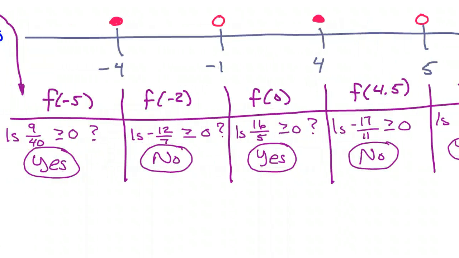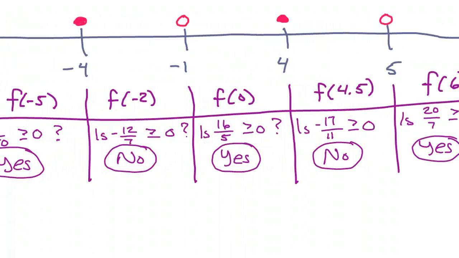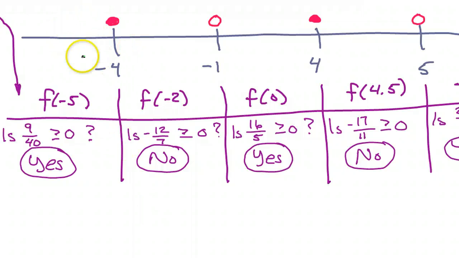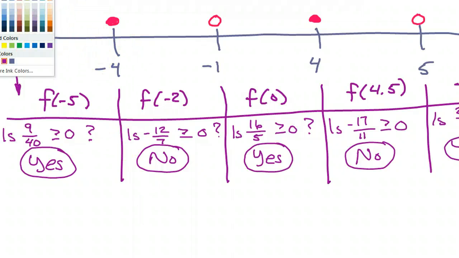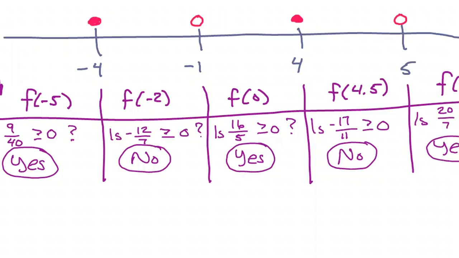The yeses show us where the solutions are, and we will fill those in on the number line in fuchsia. The no's are not solutions, so we will leave those empty. I have a yes in this zone. Negative 5 is a solution, which means all of these values are solutions.